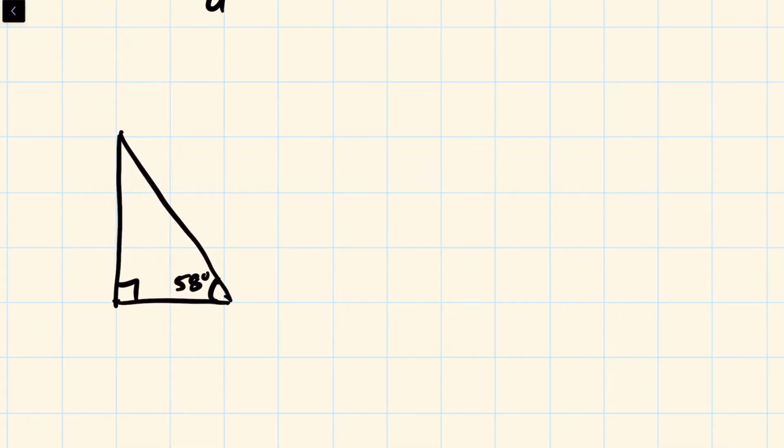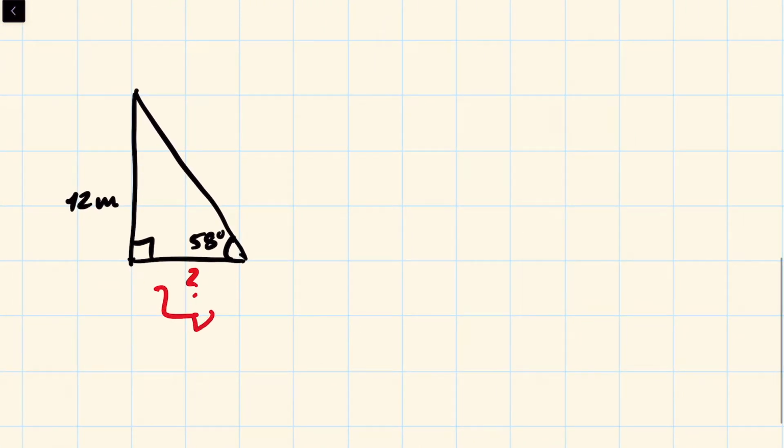And we have, let's say this side here is 12 meters. Okay? And we want to find this side here. That was not correct. Okay, yeah, that side there. Right? So how are we going to do that? Let's form an equation first.